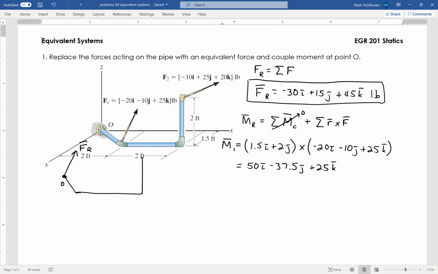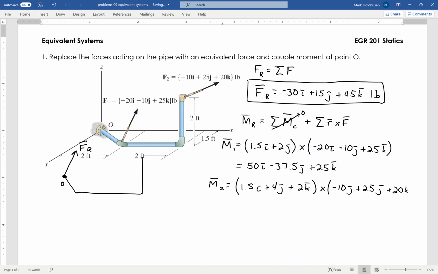Okay, so I'll do similarly for M2. This time my r vector will be 1.5i, but then 4 in the j direction, and then it moves up 2 in the k direction. And I'm going to cross that with the given force of negative 10i plus 25j plus 20k.